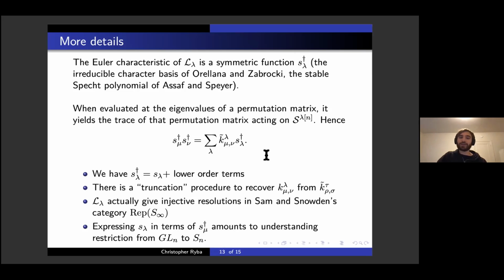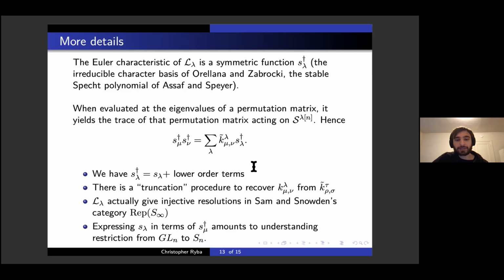So there are a few other facts for this that I want to mention. The first is that it turns out that this stable Specht polynomial, or I guess I refer to it as a stable character, is to leading order the same thing as just the Schur function. But unlike the Schur function, it's not homogeneous. It has lower order terms because the complex is not concentrated in a single degree.